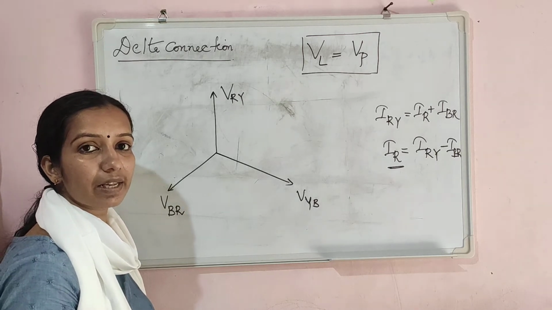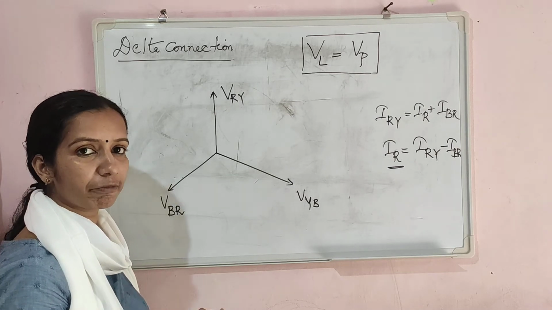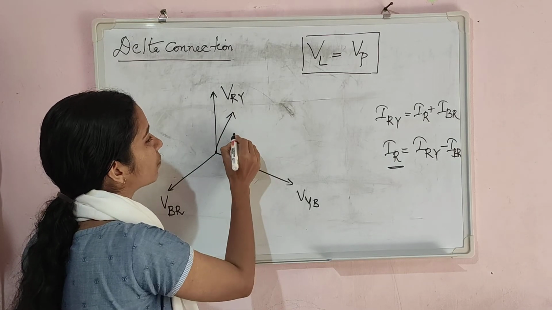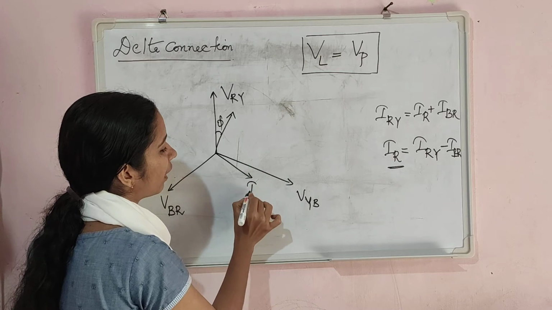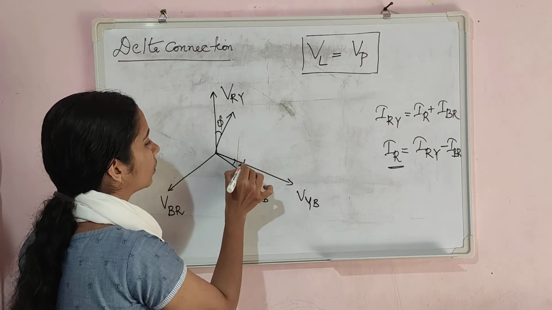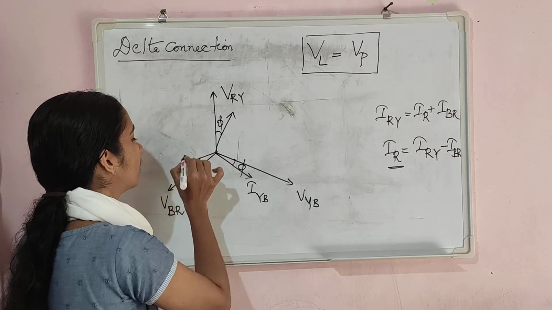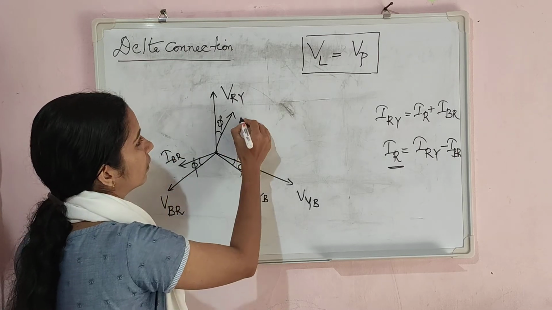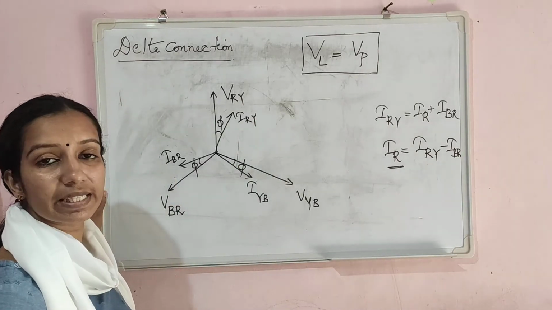In a series RL circuit, the current lags behind the voltage by an angle phi. So all the phase currents lag behind the corresponding phase voltages by an angle phi. So we have drawn the phase voltages as well as phase currents.